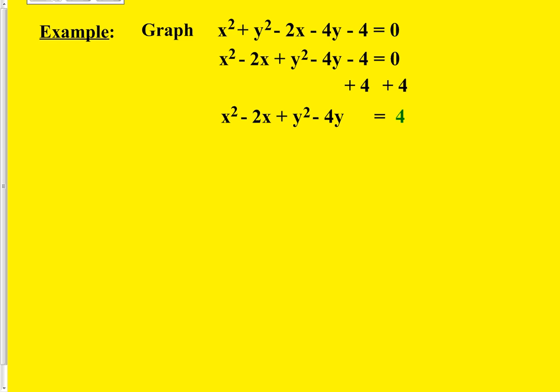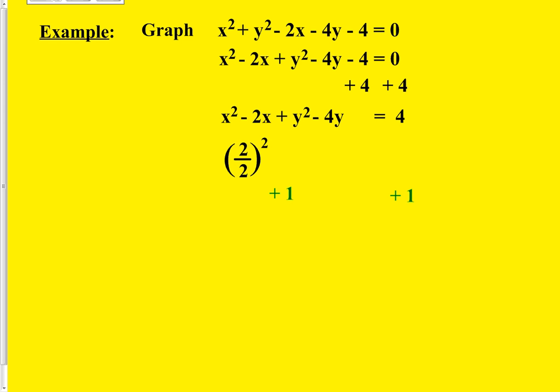We're going to take half of this term, and we're going to square it. So I took the 2 from in front of the x, I have halved it and squared it. Of course, half of 2 is 1, and 1 squared is 1. So 1 is the value that is going to get added in to both sides of our equation here.